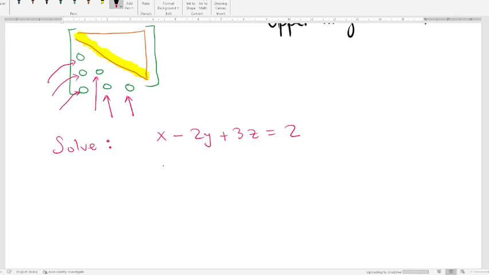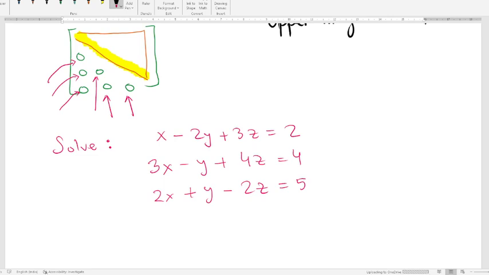Then another, 3x minus y plus 4z is equal to 4. And the last one, 2x plus y minus 2z, would be equal to 5. So we have three equations here, and we want to solve this set of equations.